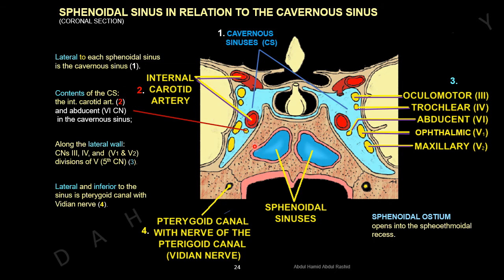Number 2, on the lateral wall of the cavernous sinus, you can see here oculomotor nerve, that is the 3rd cranial nerve, trochlear nerve, 4th cranial nerve, and then below is ophthalmic, V1, and maxillary, V2 divisions of the trigeminal nerve. The 6th cranial nerve is inside together with the internal carotid artery. Infralateral to the sphenoidal sinus is the pterygoid canal with the nerve of pterygoid canal, also known as Vidian nerve.